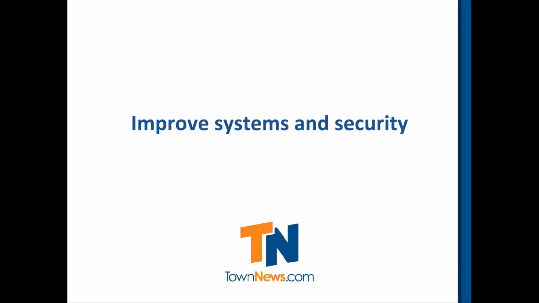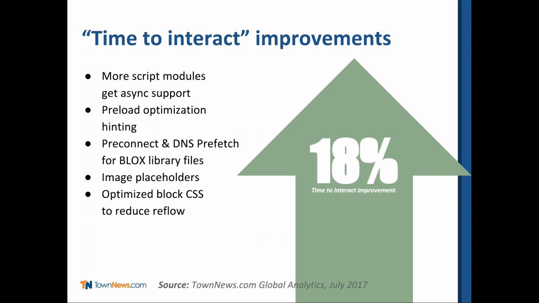So a couple really quick things here. I won't go into this too much in depth because I'm running out of time, but we have been working very hard the last year or so on what's called time to interact improvements, which is not when the page fully downloads, but rather the point in time when a page loads that the user can start interacting with the page.